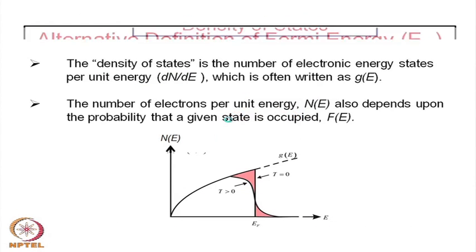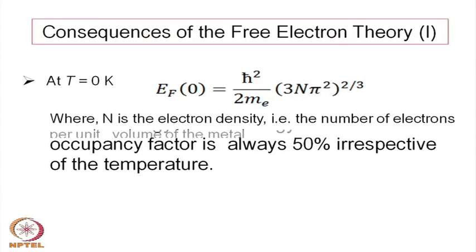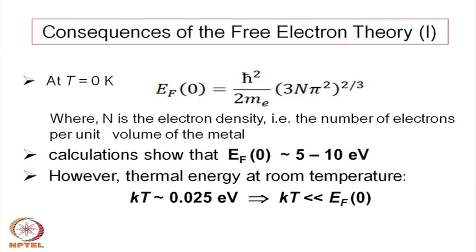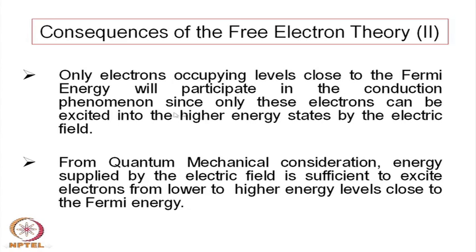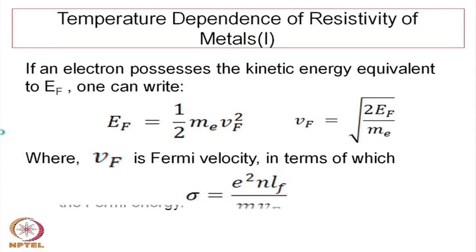It is not only the thermal energy, but the impressed EMF, or the electrical energy, also has a similar effect. So that is what is mentioned here: from quantum mechanical consideration, the energy supplied by the electric field is sufficient to excite electrons from lower to higher energy levels close to the Fermi level or Fermi energy. So that is also another aspect of this theory.